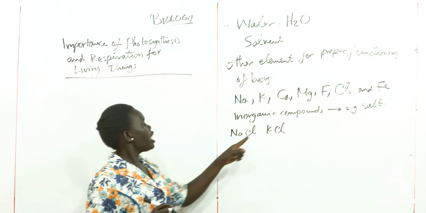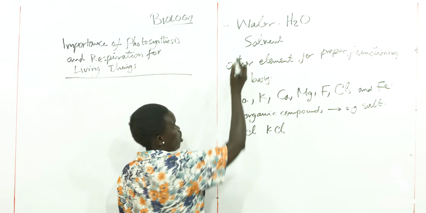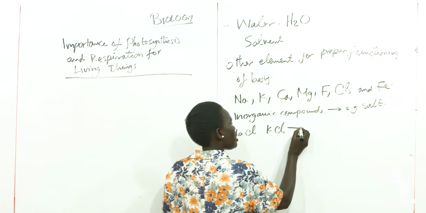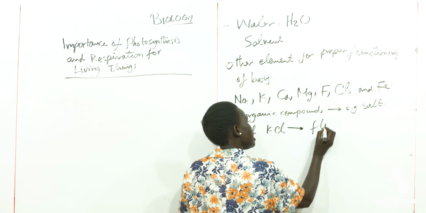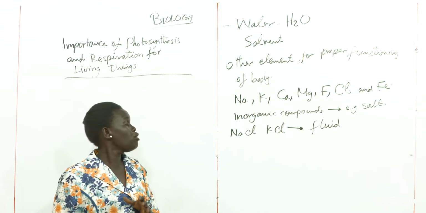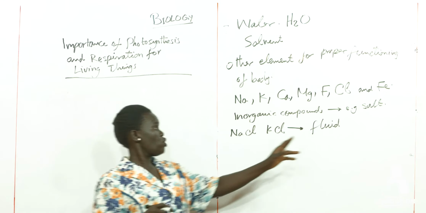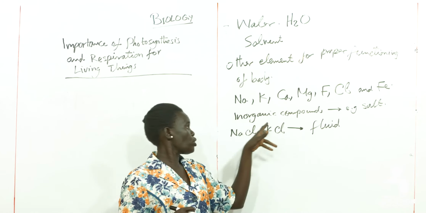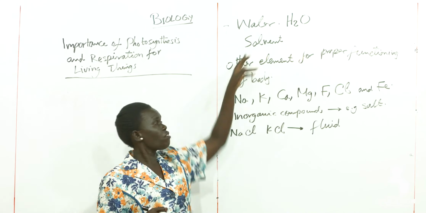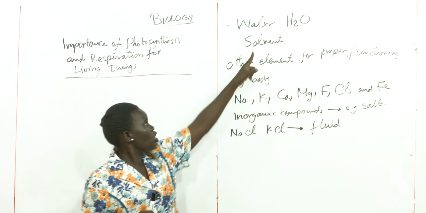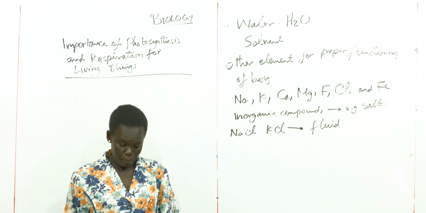So when they dissolve in water, as we have talked about, they form what? Body fluid. They form body fluid because the fluid is a solvent plus the solute. The solutes are the salts. These two salts dissolve in water. That's why we said water serves as a solvent.